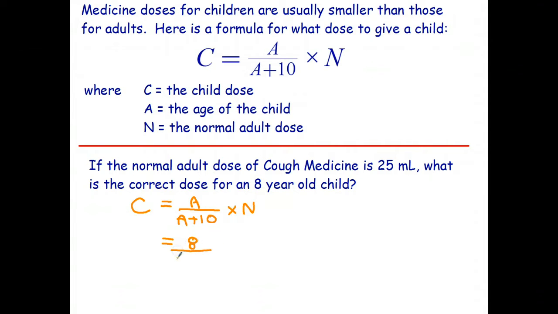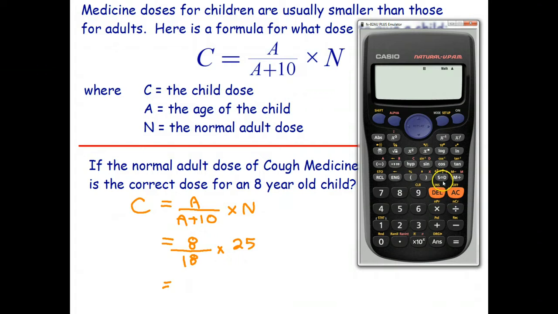So 8 over, and I could do this one in my head, 8 plus 10 is 18. Multiplied by N, which is the normal adult dose. Notice we are using the multiply sign for this one. And once again, we use a calculator to evaluate.